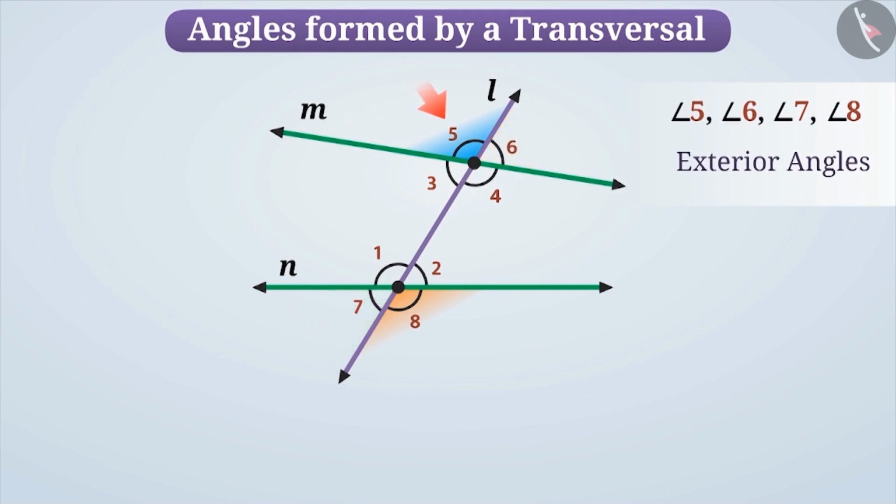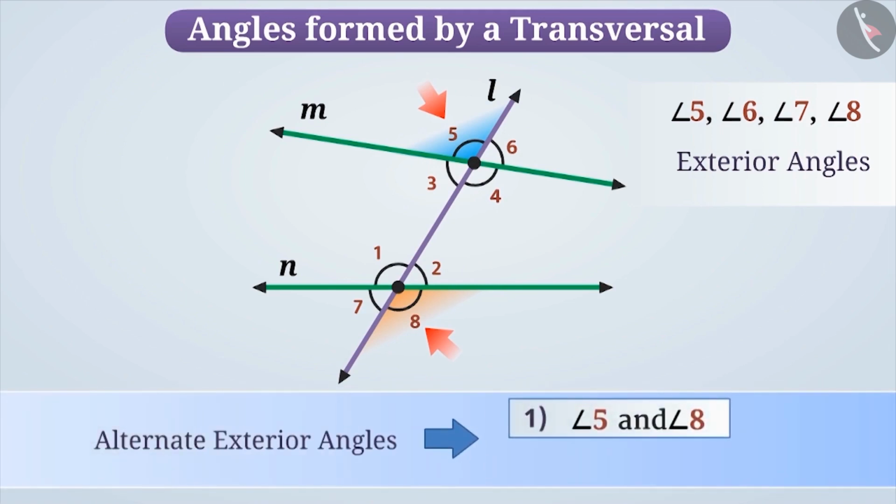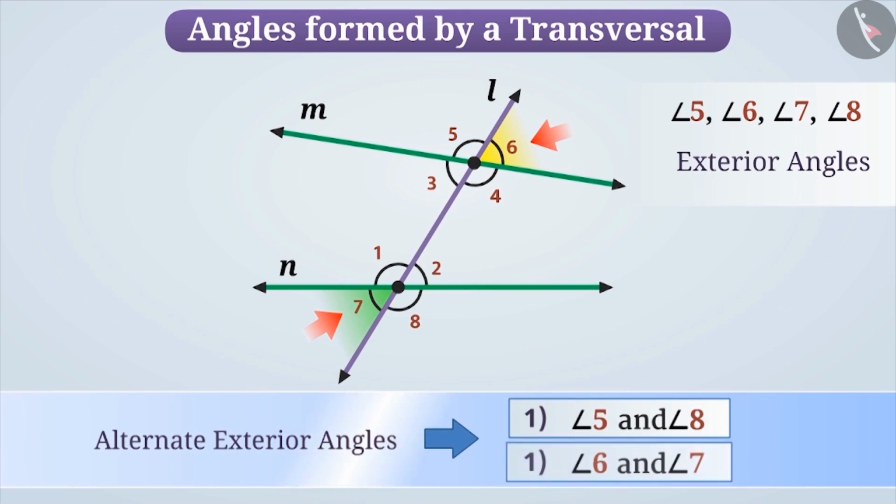But if we consider angle 5 and angle 8, they are exterior angles and their vertex is different and they are on the opposite sides of the transversal. Therefore, such angles are called alternate exterior angles. Similarly, here, angle 6 and angle 7 are also a pair of alternate exterior angles.